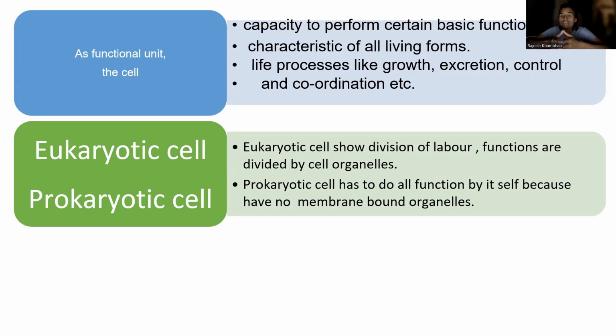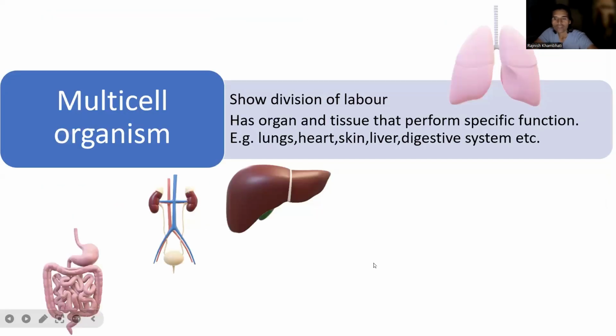That is called division of labor. So division of labor is seen in the eukaryotic cell, and it is not seen in the prokaryotic cell.